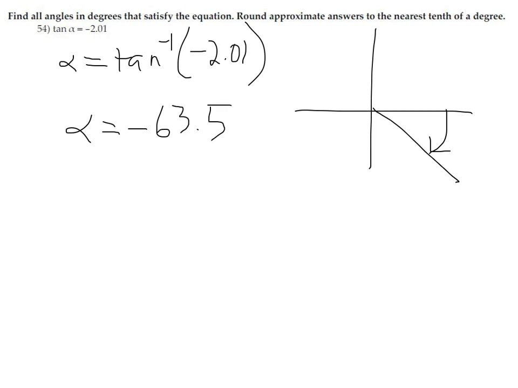Let's just go negative 63.5. Let me write it down, and then nearest tenth of a degree, that gets us to negative 63.5. That's this value. It's negative, it's down, but notice it's also the reference angle. So we have the reference angle, negative 63.5.